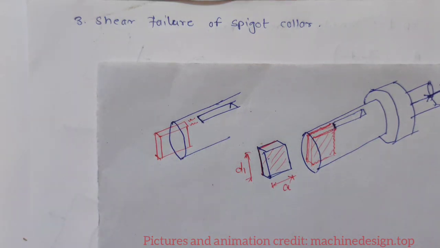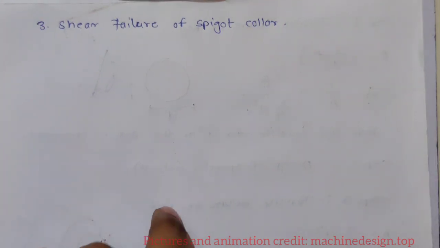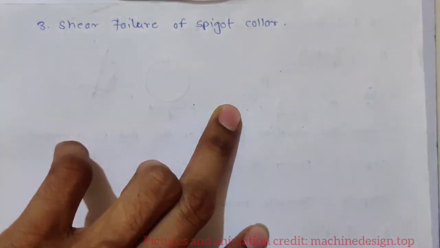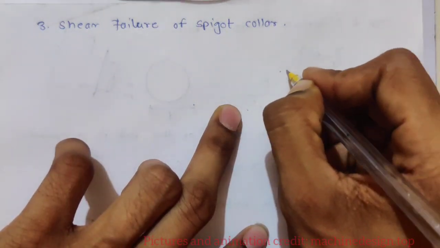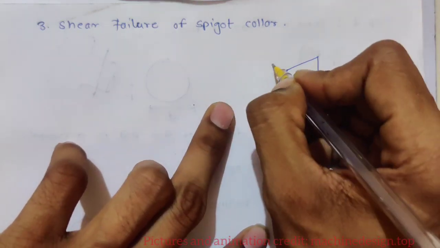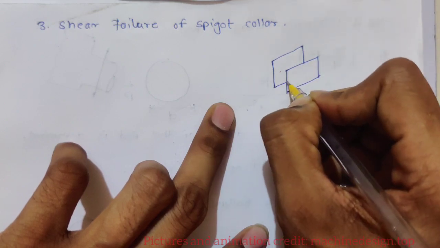So what is the failure area over here? You will get the failure area like this. Similarly, one more area like this.